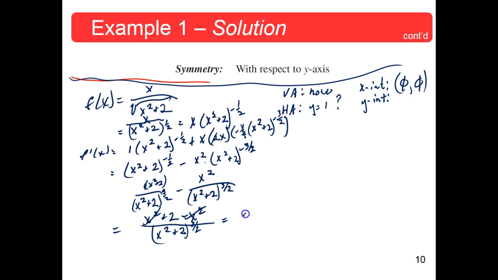What would that be? 2 times x squared plus 2 to the minus 3/2, right?